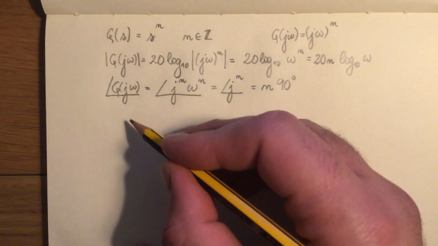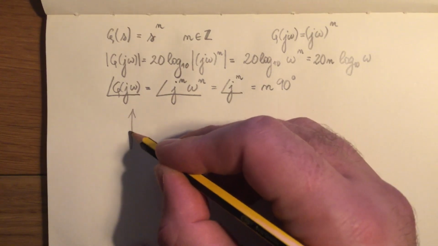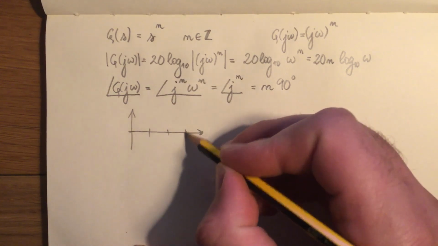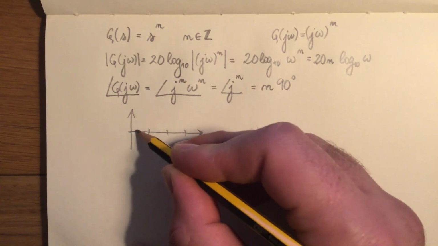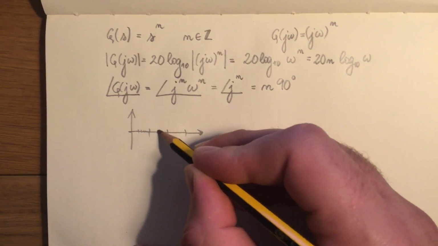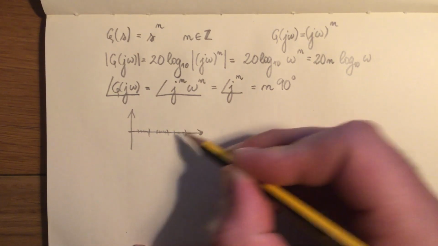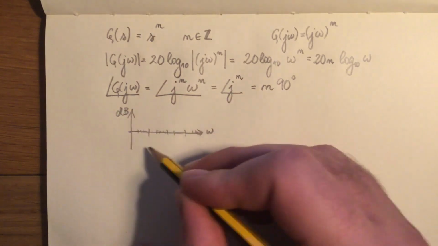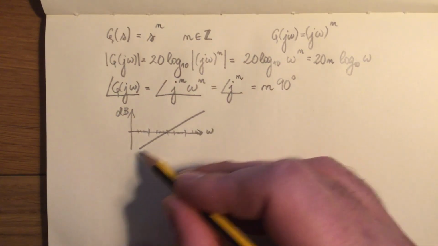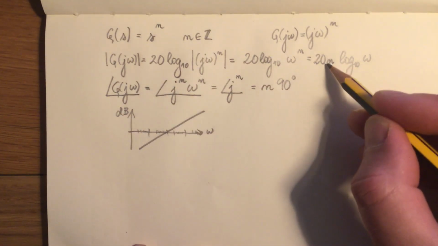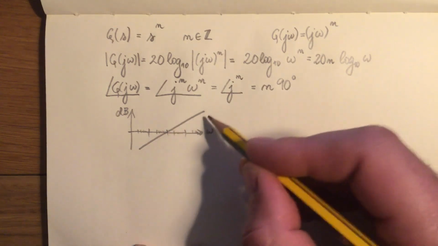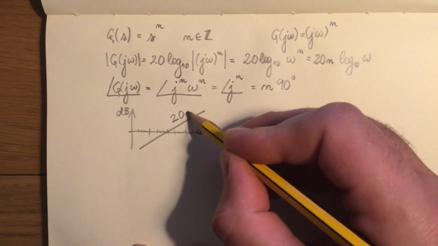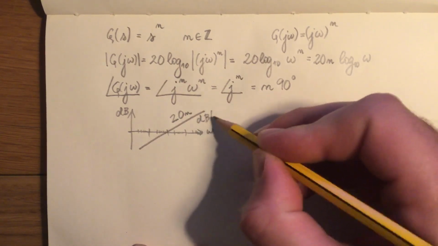Consequently, when we represent this in a Bode diagram, remember, it has in its x-axis the frequency in a logarithmic scale. So the gain will be like this if n is positive, the slope being 20n decibel per decade.